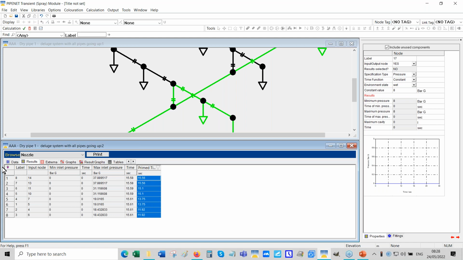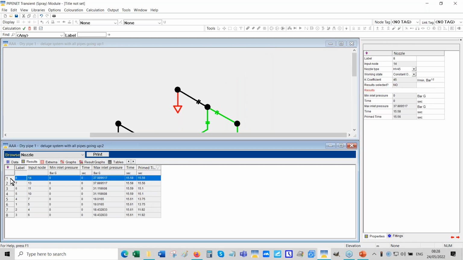So if I see there's a panel here and I'm going to move it and I click on that, it'll take me to the nozzle that primes last. And you know that the deluge valve opened from 5 seconds. So that means that the fire is detected at 5 seconds.